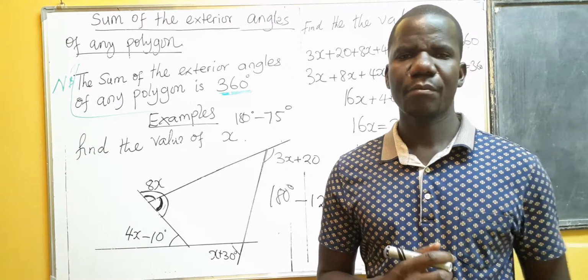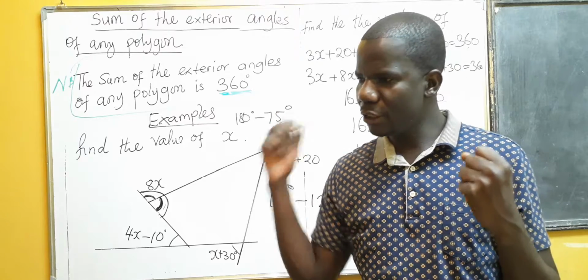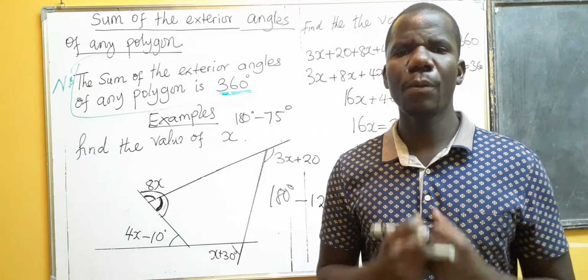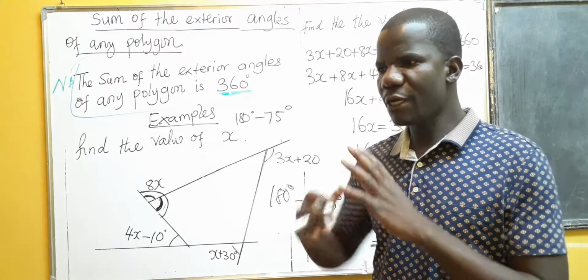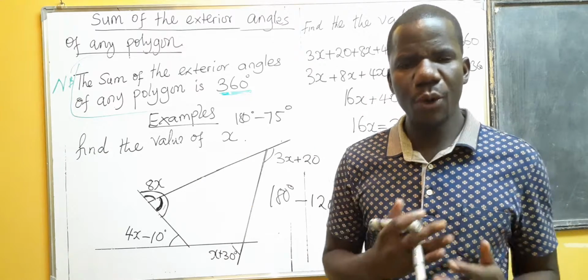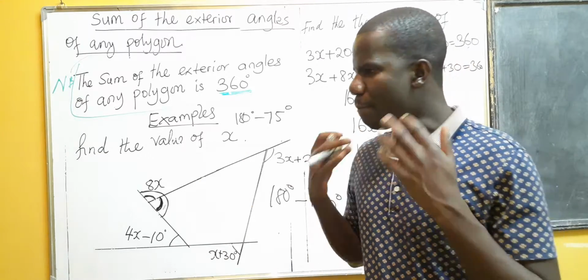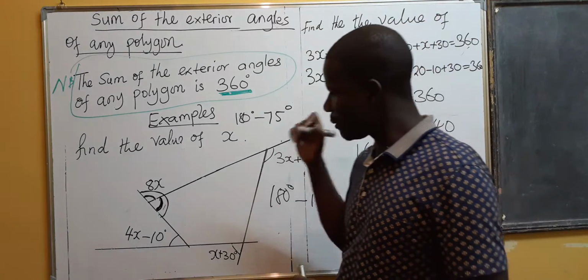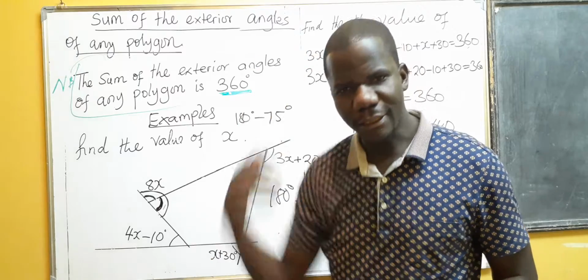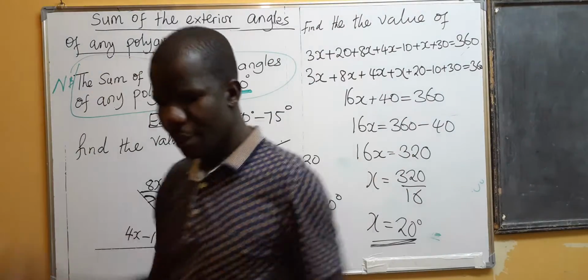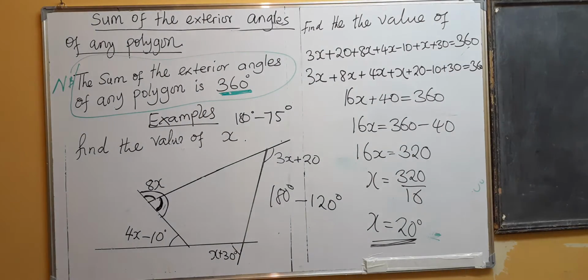We are saying the sum of the interior angle and the exterior angle is 180 degrees. And once you've been given one of those, you can tell what the other is by subtracting what has been given to you from 180 degrees. That is the lesson of the day.